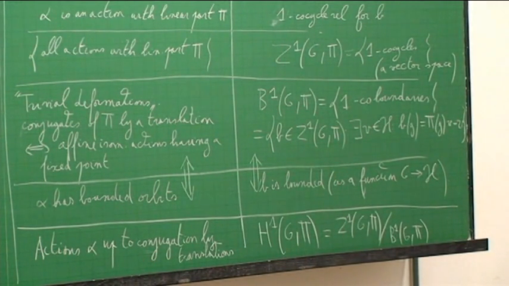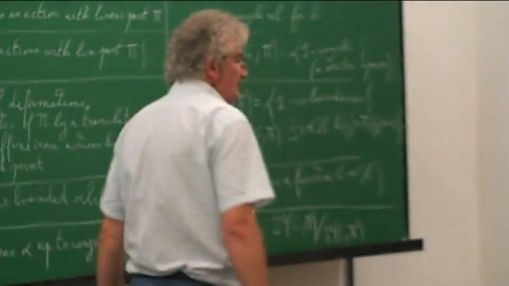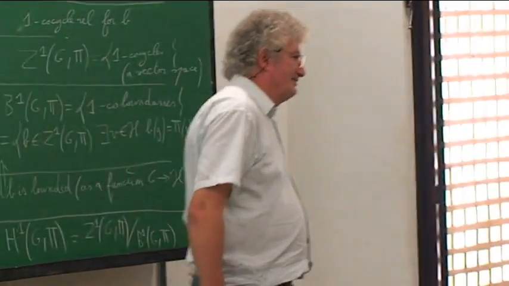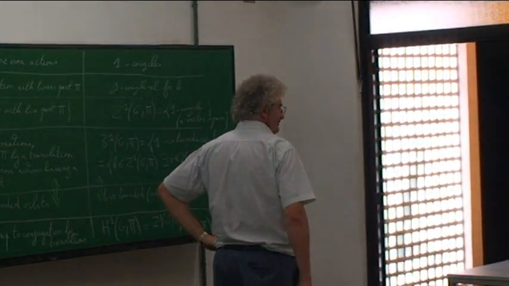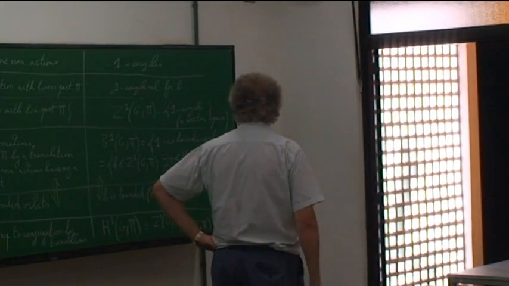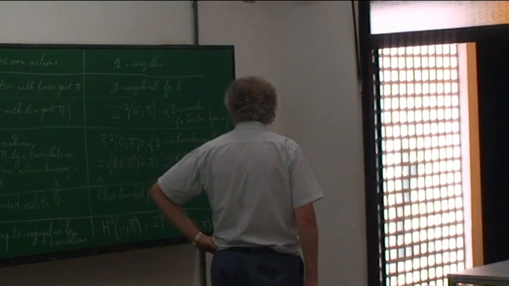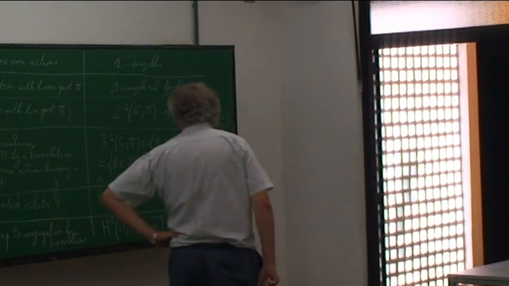Sure. So this is just cohomology. This is group cohomology. But for example, if the group is simple, is it true that this is trivial in this case? If the group is simple, no, this could be non-trivial.